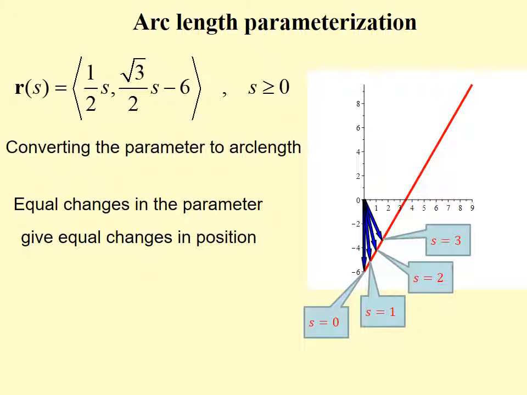If you look at the drawing, you'll see the distance from s equals 0 to s equals 1 is the same as s equals 1 to s equals 2, which is the same as s equals 2 to s equals 3. Now that's if we change the parameters. The function that you see here, r, is exactly the same graph, the red graph, as the one we had before. It's just developed on different values of the parameter. In this case, equal values of the parameter giving equal changes in position.